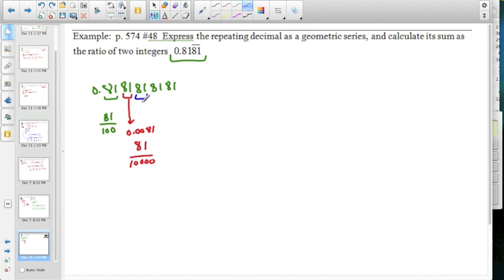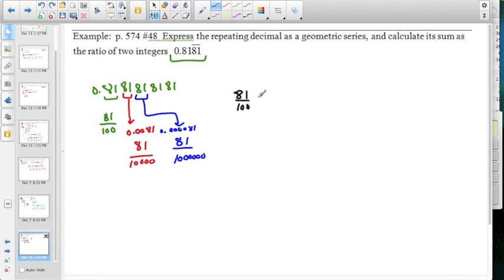And if we look at the next repeating decimal, that's really 0.000081. And that's really 81 over 1 million. And so we can take these then and say, well, we can get 0.8181 repeating if we take 81 over 100.